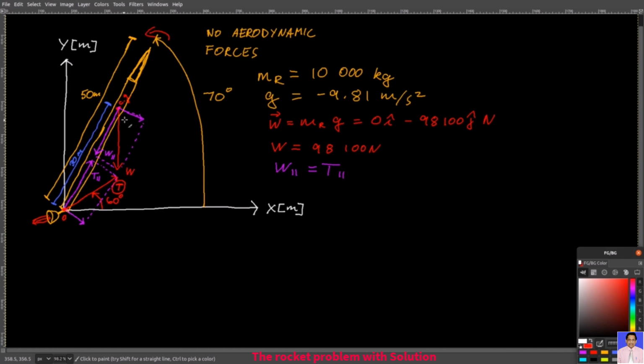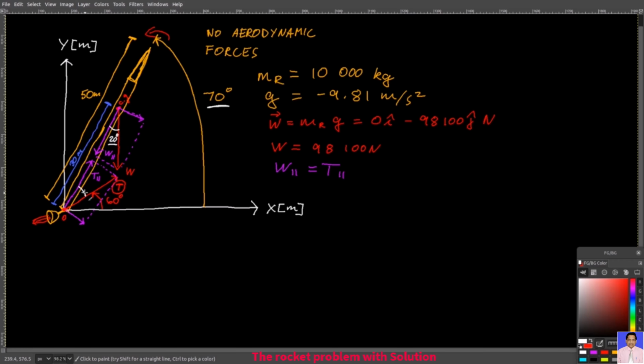From geometry, you can see that since you have 70 degrees here, then you have 20 degrees here between the weight vector and the rocket. You can think of it like this. If this 70 degrees were 90 degrees, then this angle would be 0 degrees. And now since this is 70 degrees, this is 20 degrees.